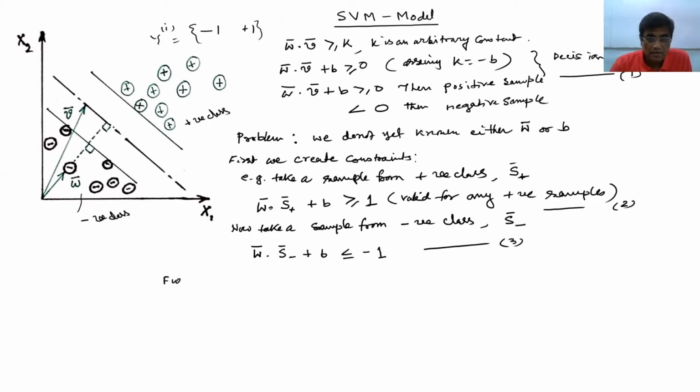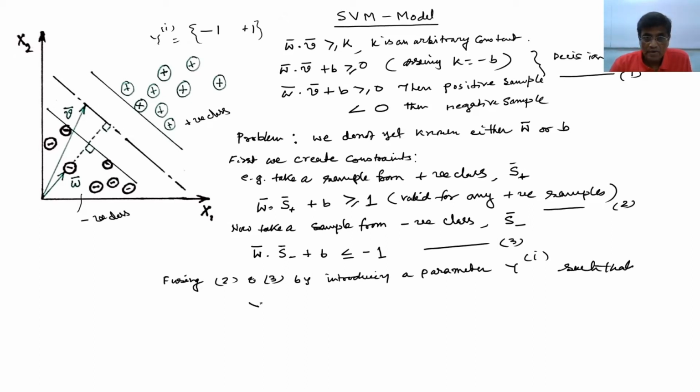I do not want to write two equations for the constraint, but we will write an equation which will represent both equations in one form, fusing 2 and 3, by introducing a parameter, say yi, such that yi equals plus 1 for positive samples, and equals minus 1 for negative samples.